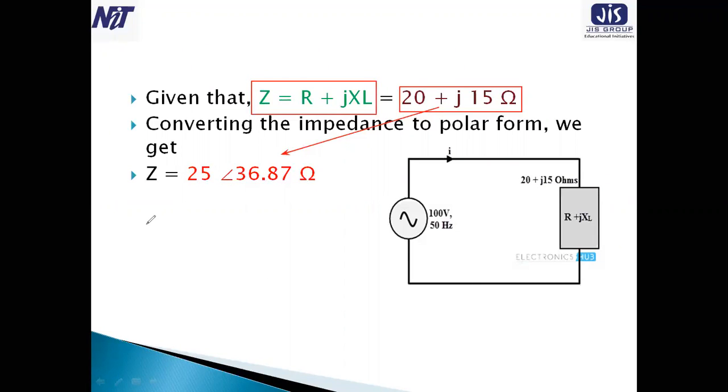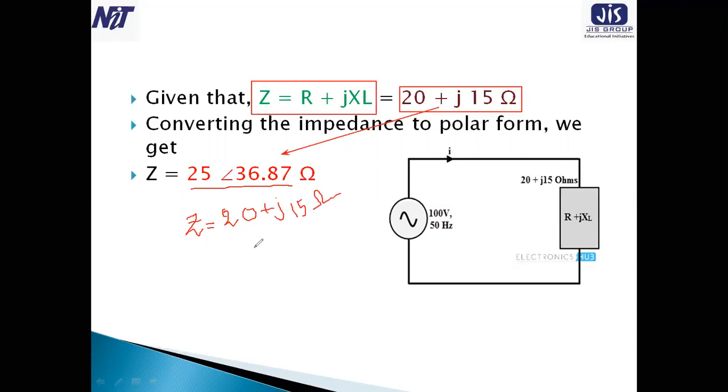So let me explain how we can convert 20 plus j15 to Z equals 25 angle 36.87. Now Z equals 20 plus j15 ohms.